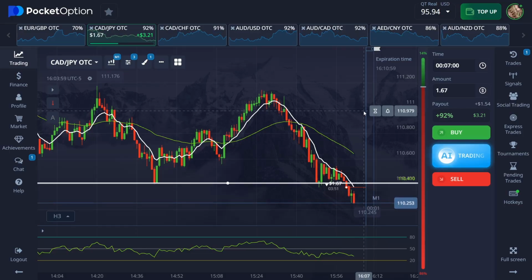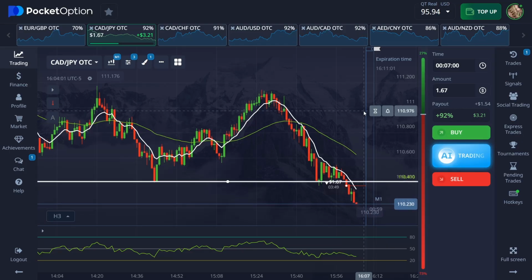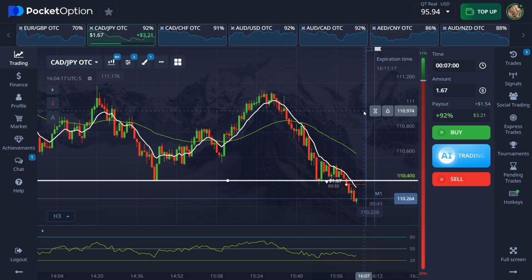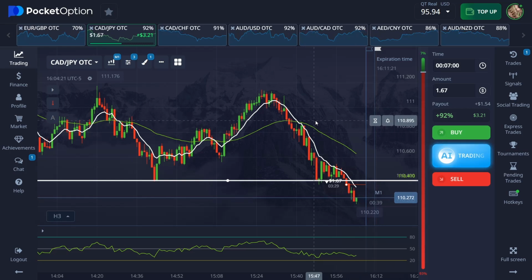If you have, let's say, a 1 to 5 risk to reward ratio, it basically means that if you're risking 100, then in return you get 300, 400. So that's why forex is way more profitable.